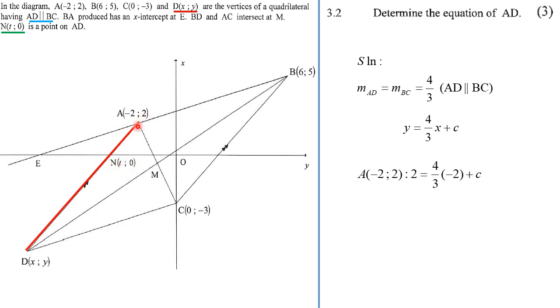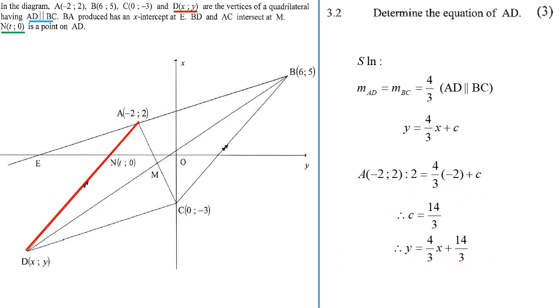So the only point that will help us is A. That is why you write here that you substituted y with 2 and x with -1. Therefore c is equal to 14 divided by 3. Therefore y equals 4 divided by 3x plus 14 divided by 3. This becomes our equation.